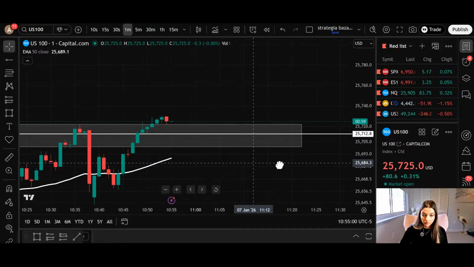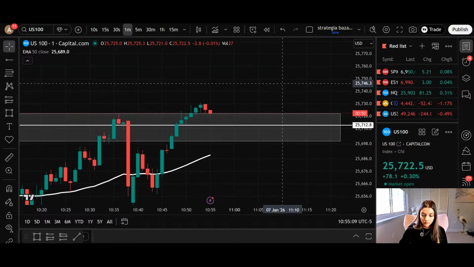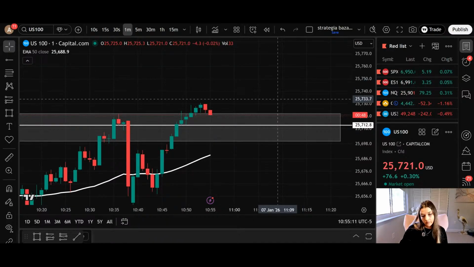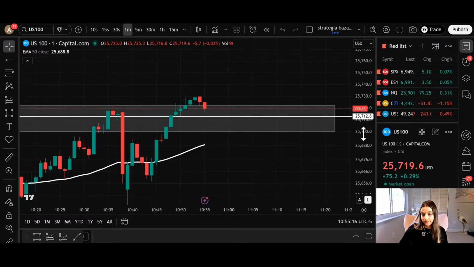Or wait to see how it reacts around the EMA. It tries to break this area, but the sellers are coming in.